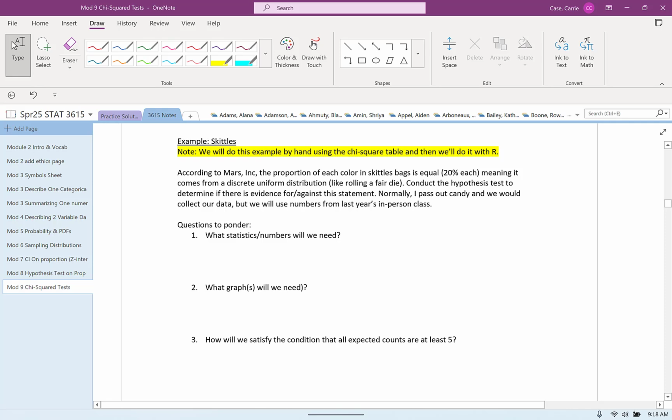All right, so questions to ponder. What statistics or numbers will we need? We're going to need our observed counts, or our sample data. Those are our O_i's for each color.